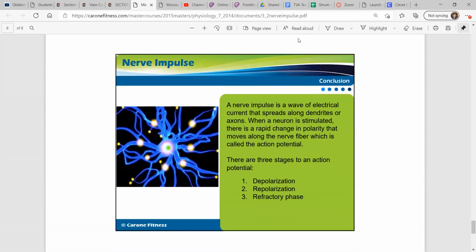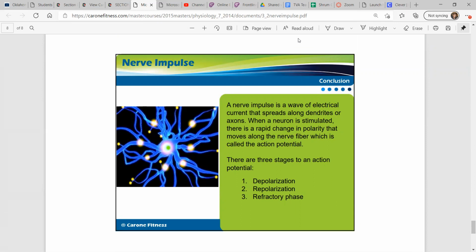So in conclusion, a nerve impulse is a wave of electrical current that spreads along dendrites and axons. When a neuron is stimulated, there is a rapid change in polarity that moves along the nerve fiber, which is called the action potential.